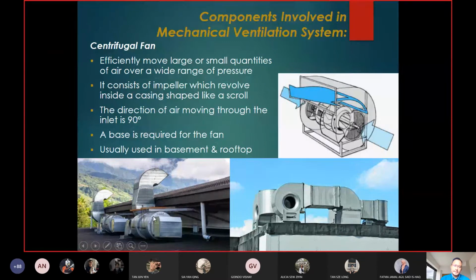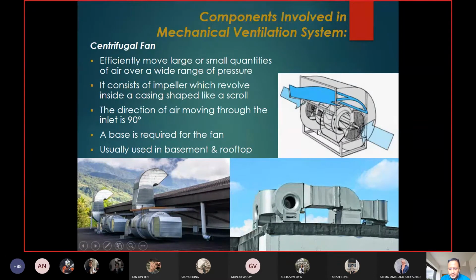So it can be either way, depending on the system that you use. If you use a supply system, then fresh air gets in here and then it is supplied to the room. Basically this part here is connected to ductworks, and the ductworks bring the fresh air into the spaces. But if you use an exhaust system, then it's the other way around.